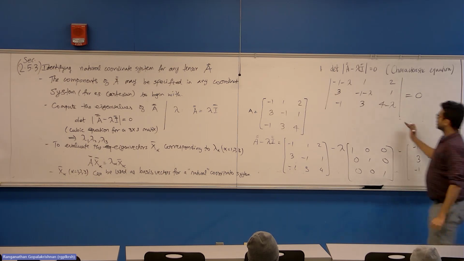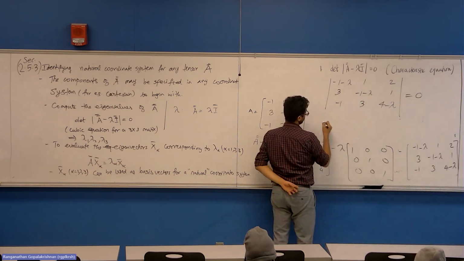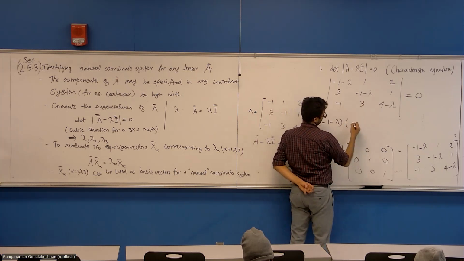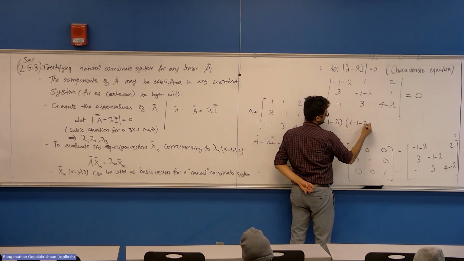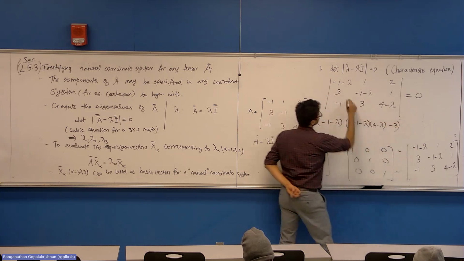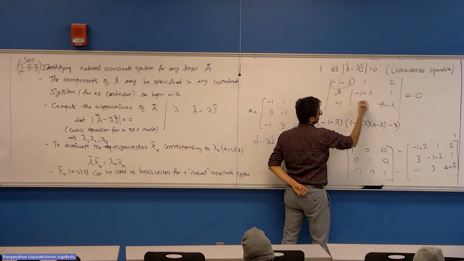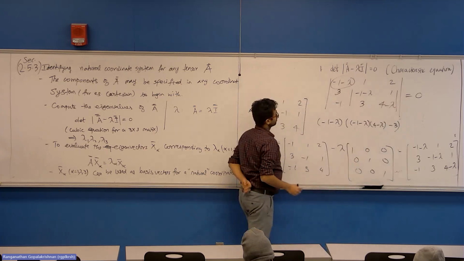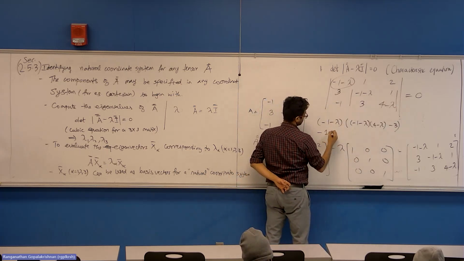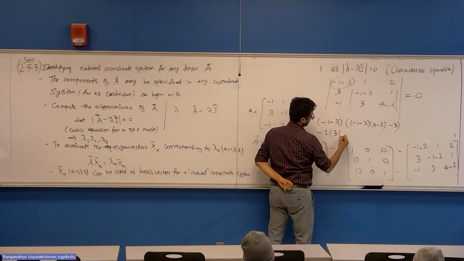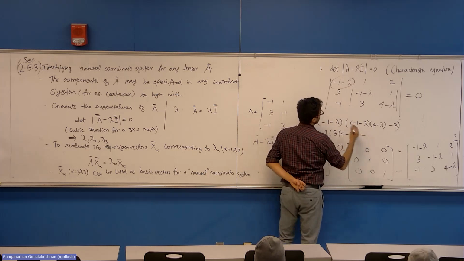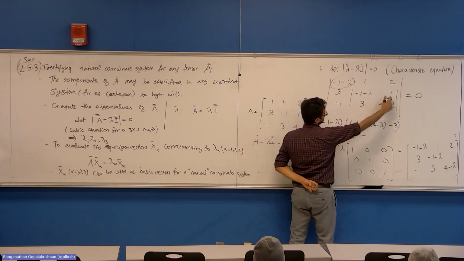So what would this equation be? If I expand, this is minus 1 minus lambda multiplied by minus 1 minus lambda times 4 minus lambda minus 3. That is this term multiplied by this subdeterminant. And then second term is minus 1 times 3 times 3 times 4 minus lambda minus, here is minus 1, here is 1.